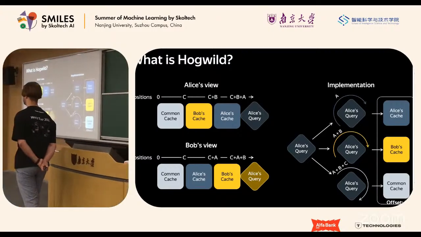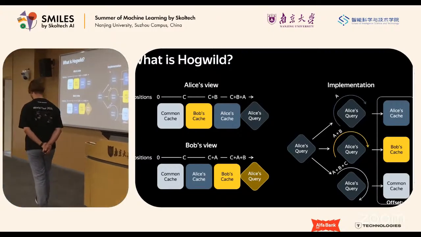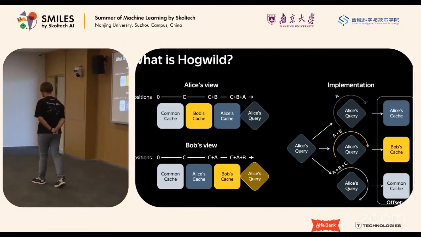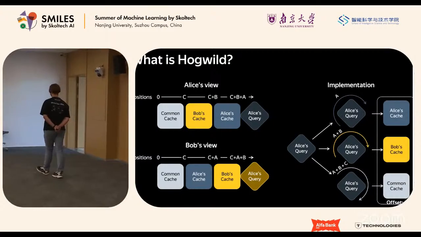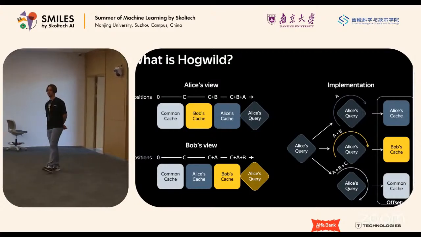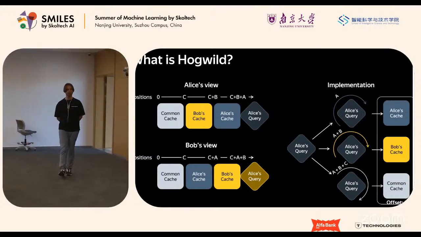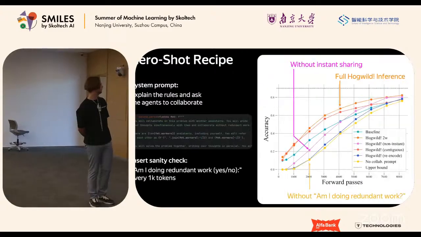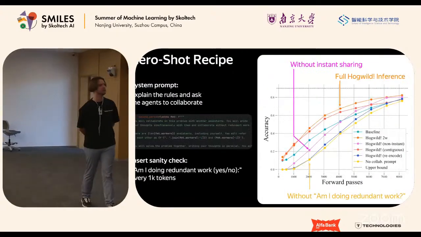On another forward pass, we can have only Bob generate a new token. Or in batch, they can simultaneously generate tokens for each other and synchronize each forward pass while seeing each other's tokens in real time.